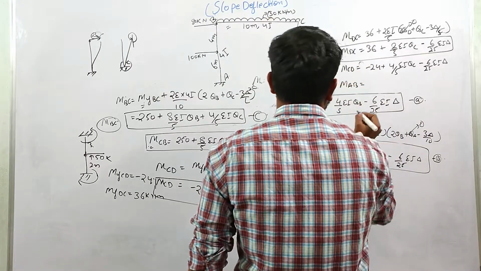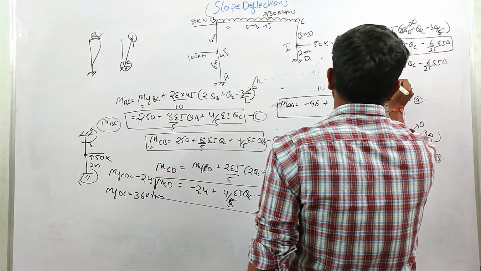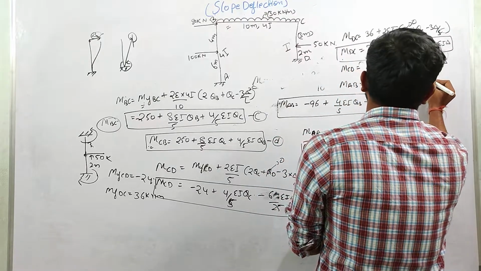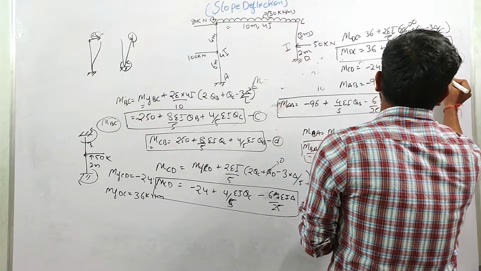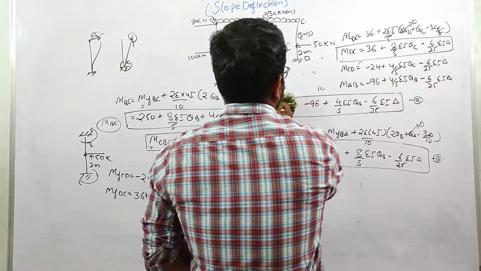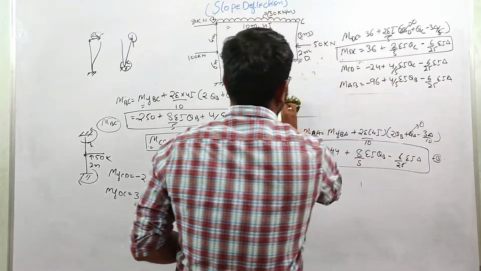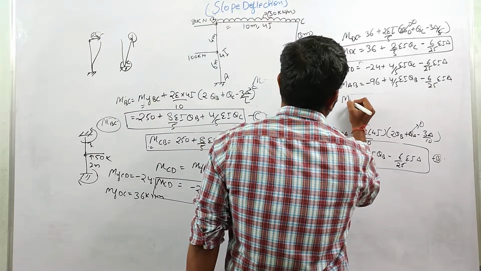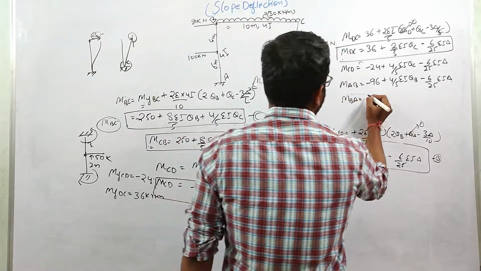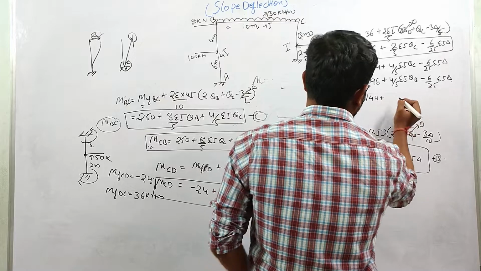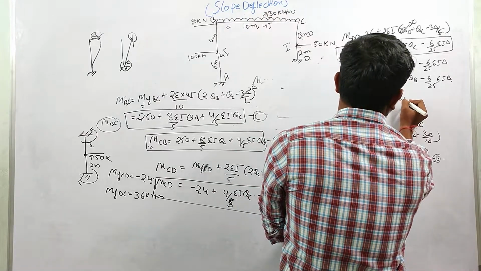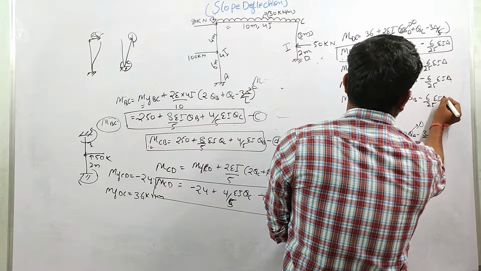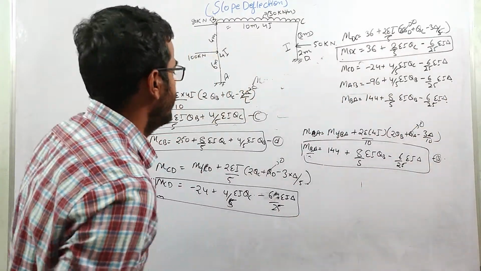MAB equals minus 96 plus 4 by 5 EI theta B minus 6 by 25 EI delta, right? So I can remove this. Now MBA is 144 plus 8 by 5 EI theta B minus 6 by 25 EI delta. So this is the value of MBA.